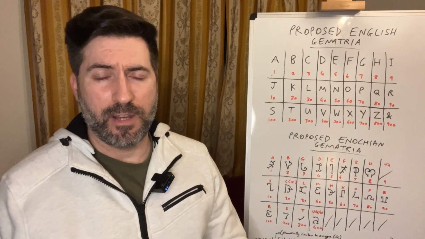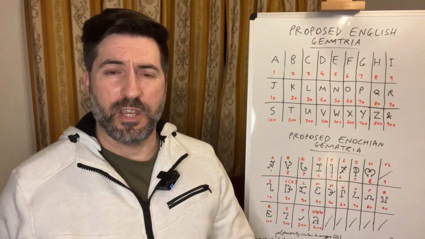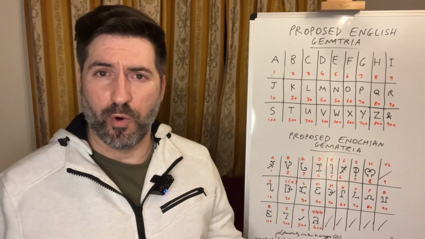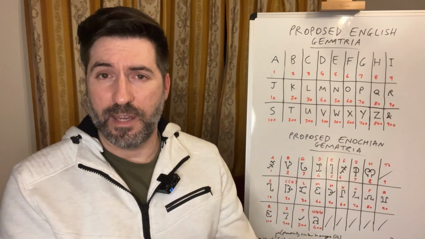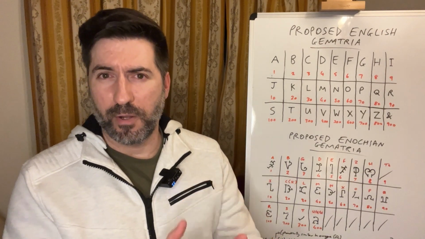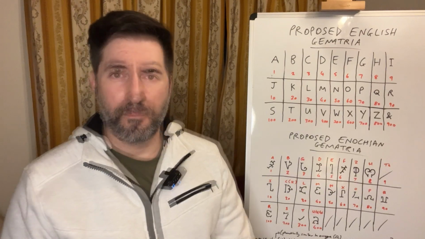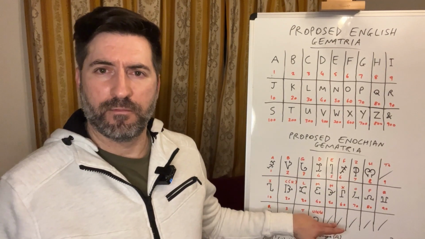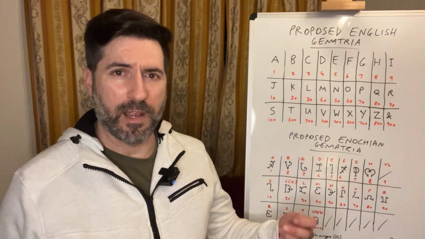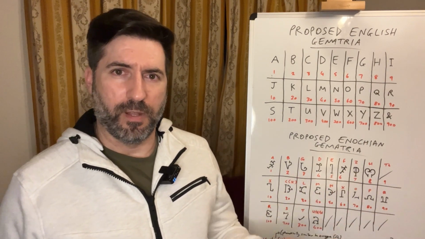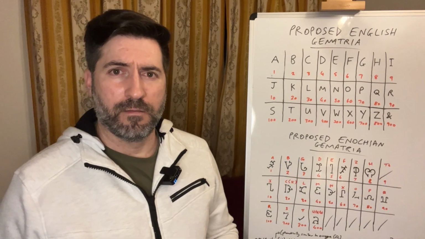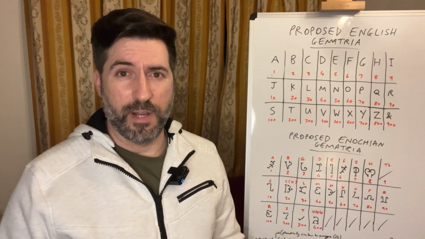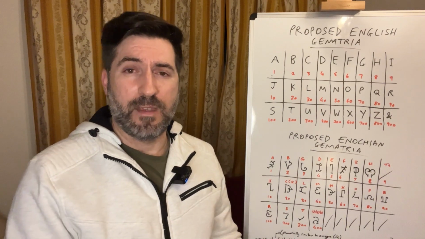I noticed that in many respects, the kind of letters that do appear in the Enochian alphabet and the phonetic value of those letters very closely parallels the Greek, with the main exception being that the letters that appear at the end of the Greek alphabet, phi, psi, omega, don't really make an appearance in the Enochian alphabet, but in other respects it is very similar to Greek in structure rather than like Hebrew.